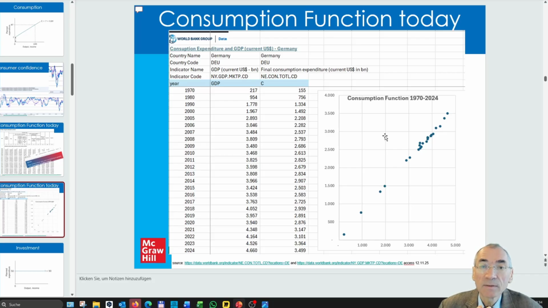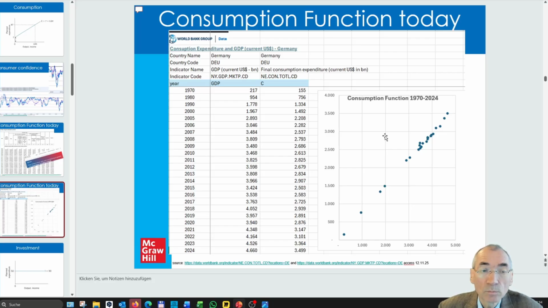Nevertheless, in class, we are going to analyze these data, and you can please start thinking about, how do I find the consumption function? So how can I determine C autonomous and determine the marginal propensity to consume? And that's not so much a surprise. A statistical method that you also learned in class.